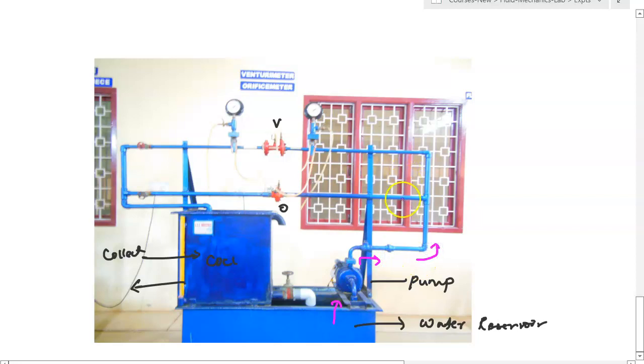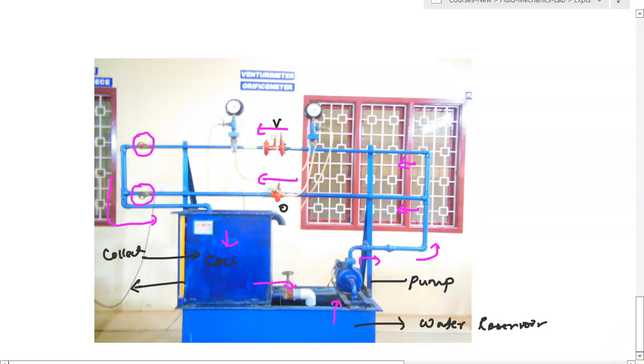It goes like this and goes through both these routes. Both these pipes, water flows through, along the Venturi and the orifice. If you can see here, there are two valves. If both the valves are open, then water flows through and comes to this collection tank, and from this again goes back to the reservoir.